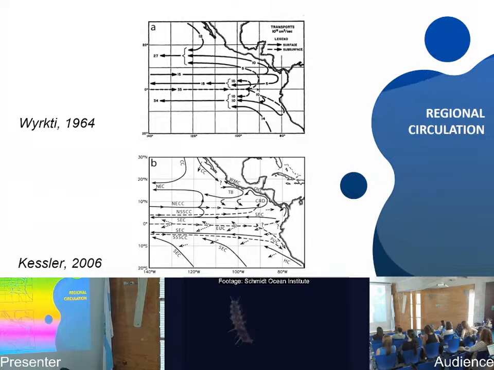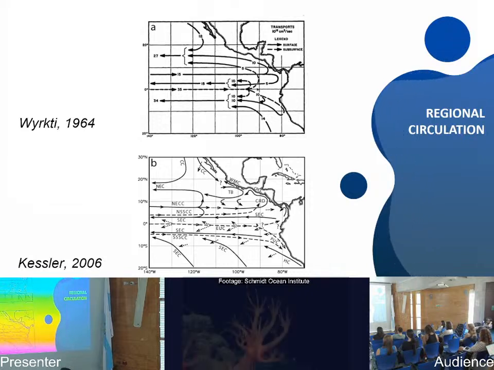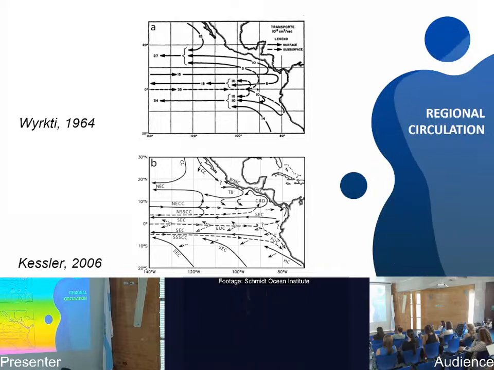The first one around the 60s, and then the early 2000s, were bursts of research with oceanographers trying to get more detail on what's happening here. Initially we had this by Wyrtki in 1964, and as you can see, these were very rough representations, of course also limited by the data availability then. And then almost 40 years later, we have a more detailed understanding of what's happening here.